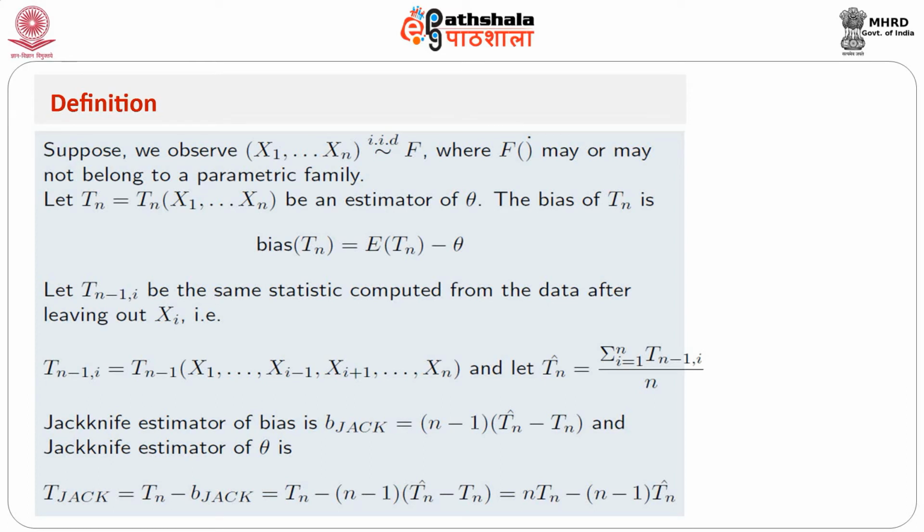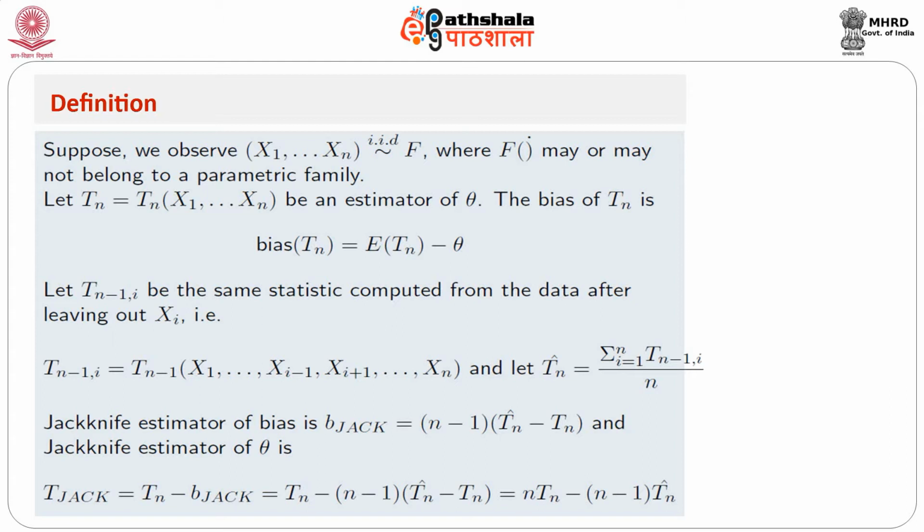So, we would start with the definition of jackknife. Suppose we observe our sample x1, x2, ..., xn from a distribution function F, independently and identically distributed, and F may or may not belong to a specified parametric family.